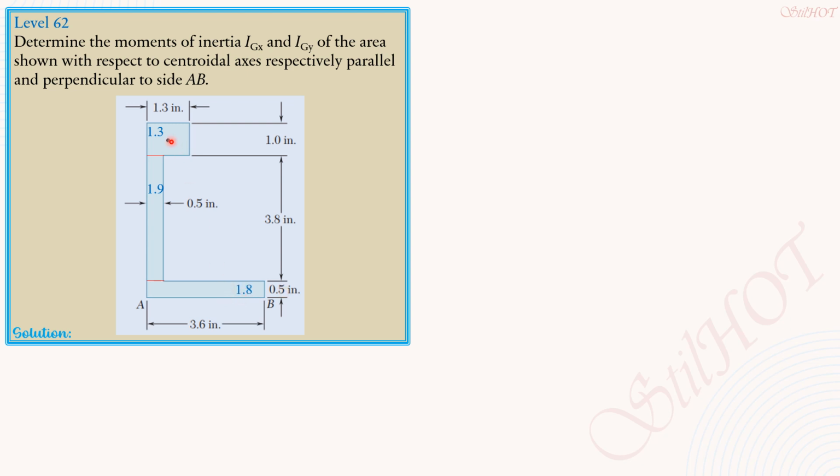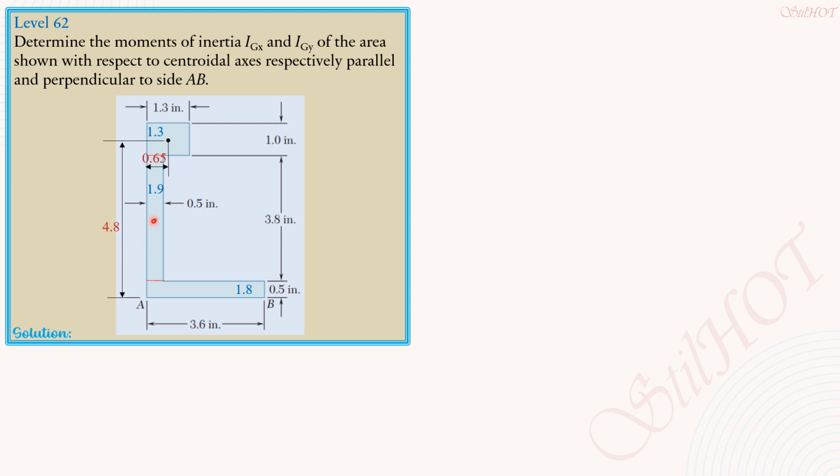Then for the horizontal distance of the centroid from the left, 0.65, and from the vertical, 4.8, where 4.8 is 0.5 plus 3.8, 4.3, plus half of 1, 0.5, so 4.3 plus 0.5, 4.8.